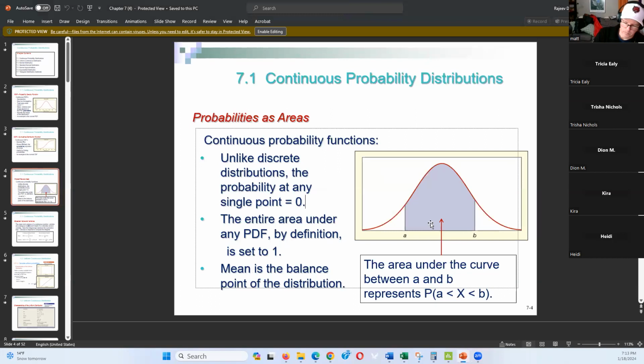Because in the previous chapter, we looked at the probability of having x equal to 2, and we get some value. But in this chapter, we always look into the particular area. So suppose somebody says, what is the probability A? That means they are asking for the area up to A. If they say B or beyond B, that means they are looking at this area.